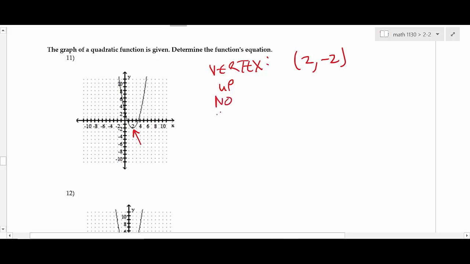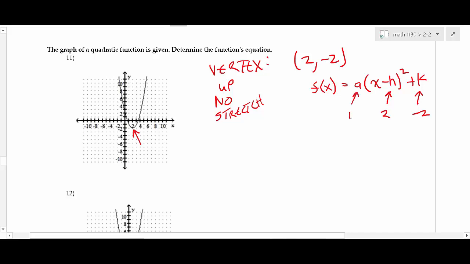I don't think any of these problems have any stretching or shrinking, so you just do that. Your standard form is f of x equals a times x minus h squared plus k. That's the standard form of your vertex. So you plug in the 2, you plug in the -2. And if there's no stretch or shrink, then a is 1.